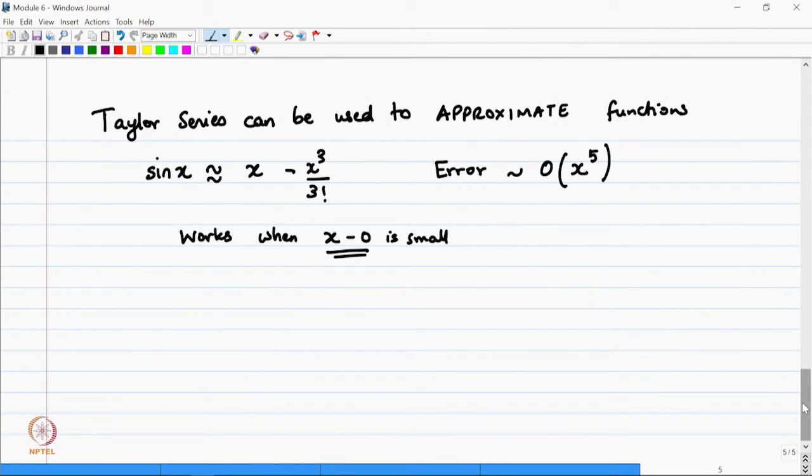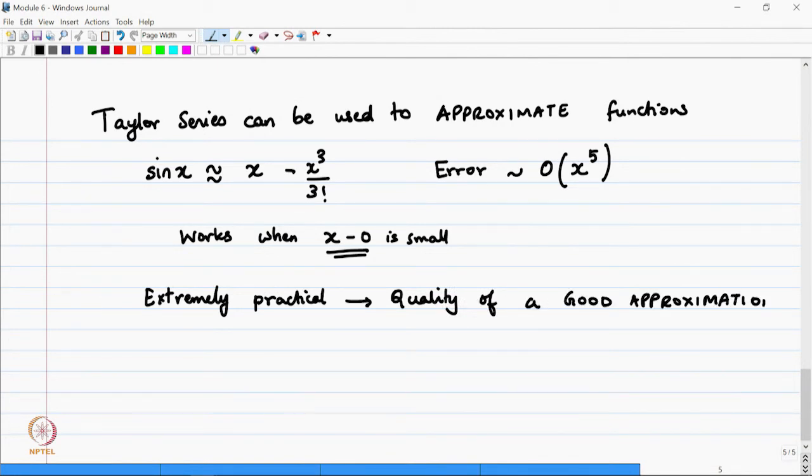Taylor series can be used to approximate functions, and you can also get an estimate of the error. So, this is extremely practical, because this is the quality of a good approximation. The quality of a good approximation is that the error can be estimated.